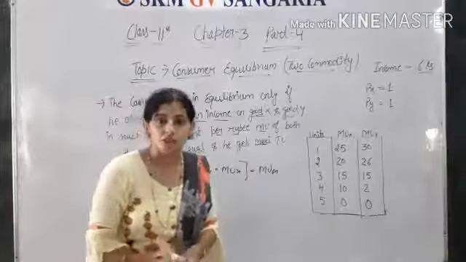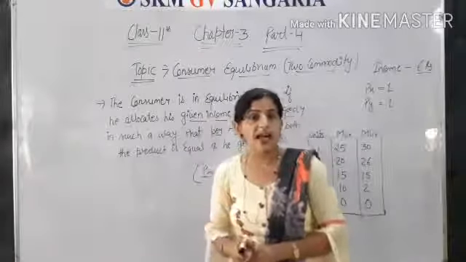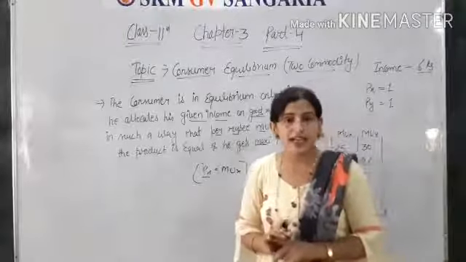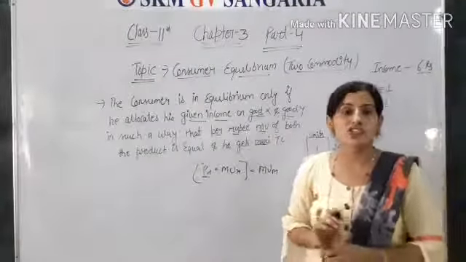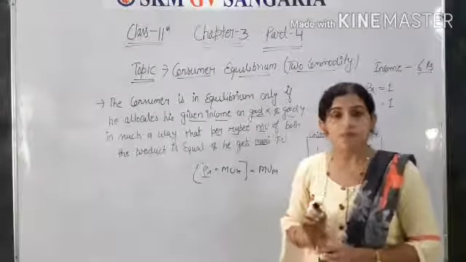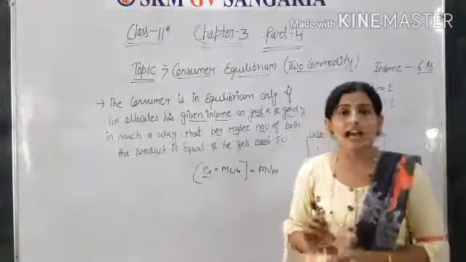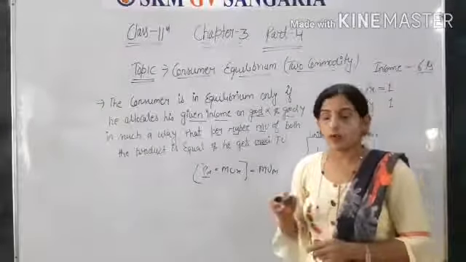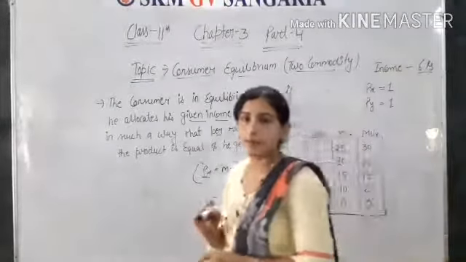It means the consumer will spend his given income in such a manner that the last rupee spent on good X and good Y gives equal marginal utility, and total utility will be maximum at that point.